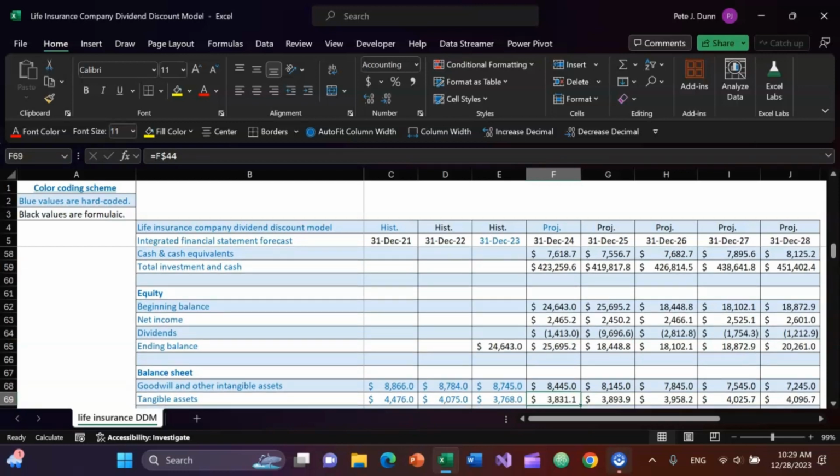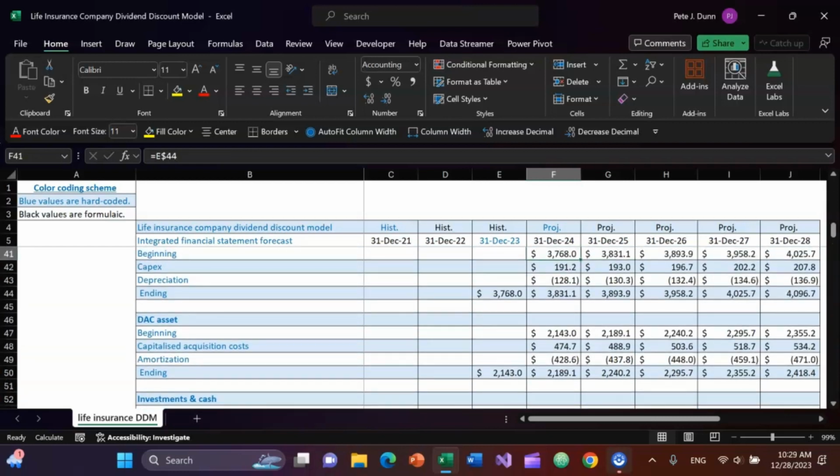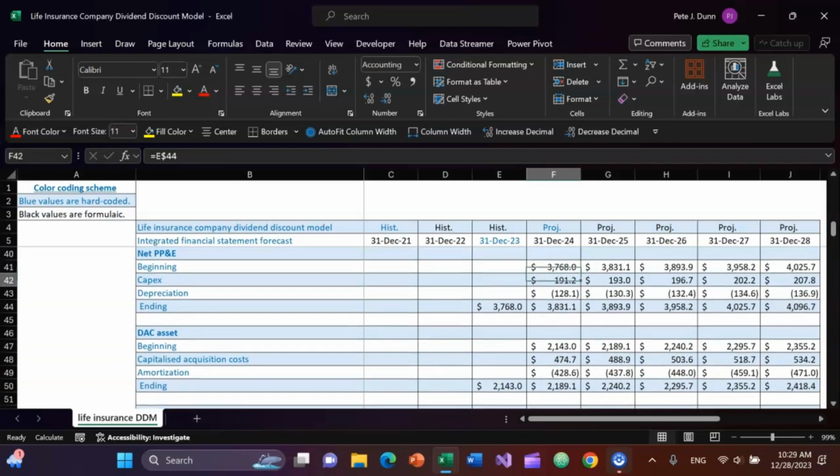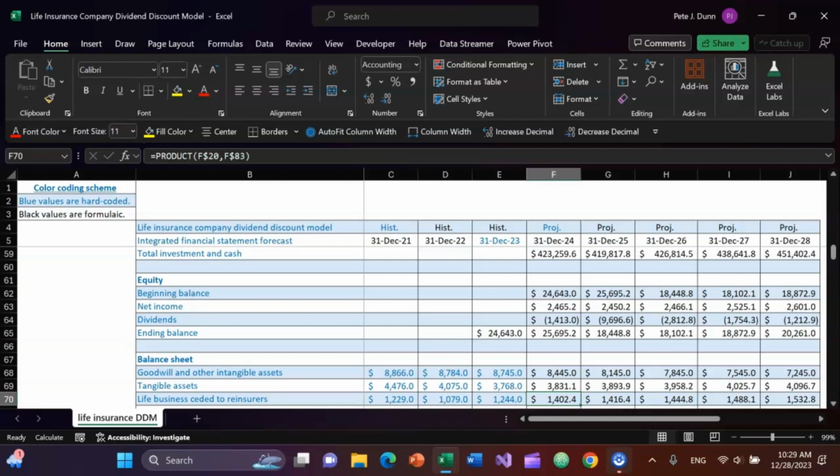Tangible assets, that references row 44. It's the tangible net property, plant, and equipment schedule that we built out earlier in this video. That's where that number comes from. F5 enter.